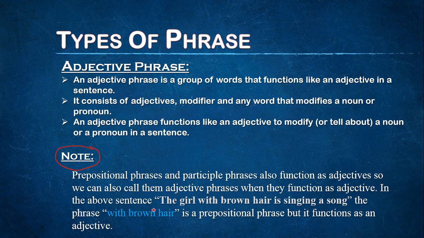In the sentence above, the girl with brown hair is singing a song. The phrase with brown hair is a prepositional phrase, but it functions as an adjective phrase as we have also discussed earlier.